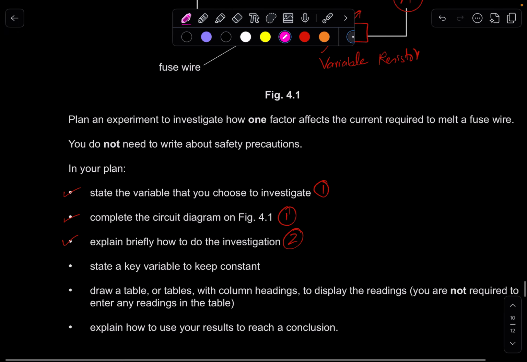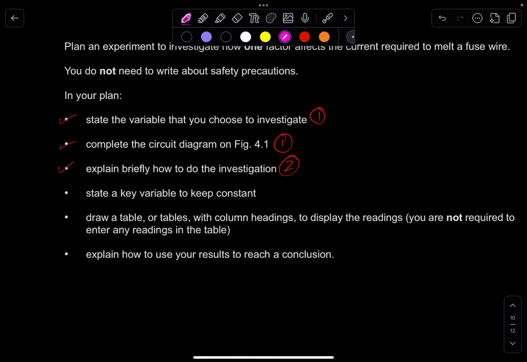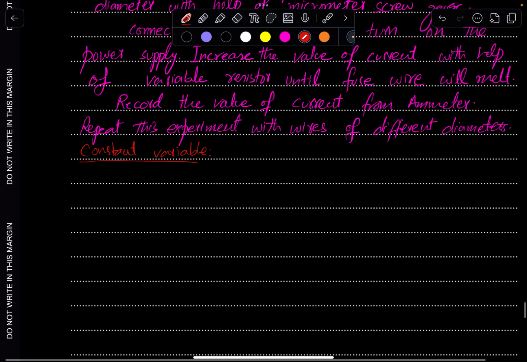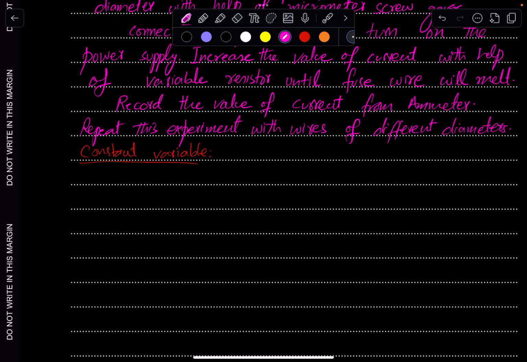Now what's next? State the key variable that you will keep constant, that is for 1 mark. The heading will be constant variable. Constant variables: we are using the same type of metal.